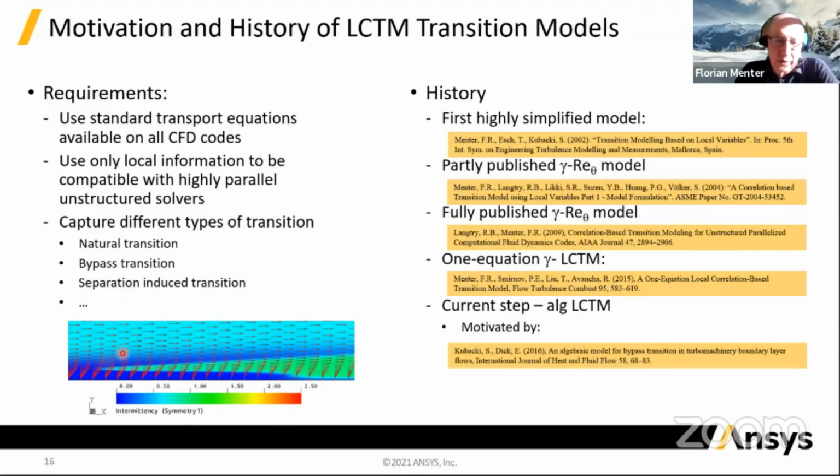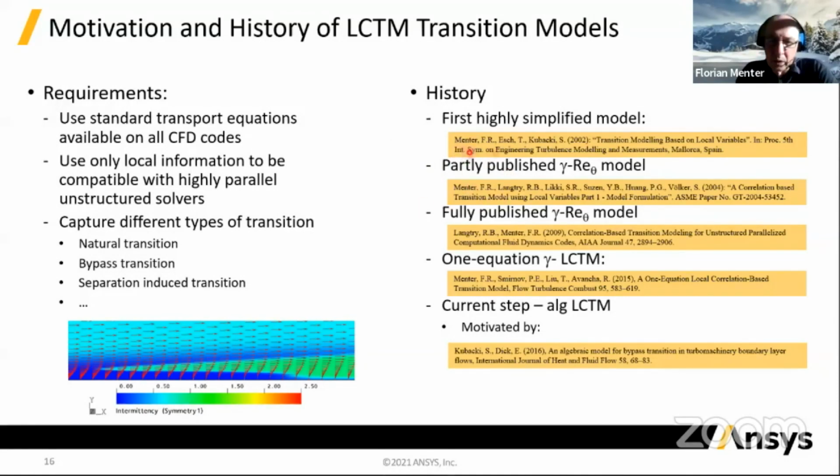And the idea is to have RANS models which inside the boundary layer can detect when is transition onset, and then when that happens, these models can trip the boundary layer. And this is what you see here, the intermittency. So if it's 0, it's laminar, and if it's green, it's 1, fully turbulent. And we used a fairly engineering type approach there.